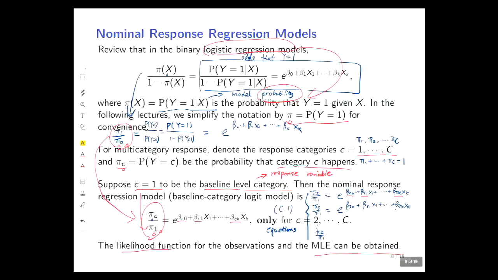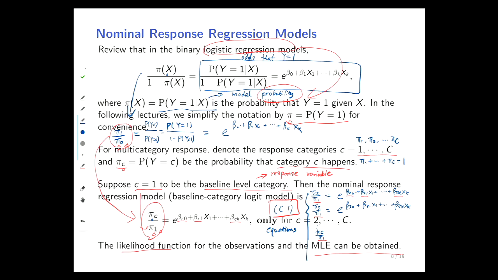And one thing I think I have forgotten here is why we only need to use these C minus 1 equations. That means we only need to use pi 2 divided by pi 1, pi 3 divided by pi 1, until pi c divided by pi 1. The reason is obvious. We can also add one equation if you like.